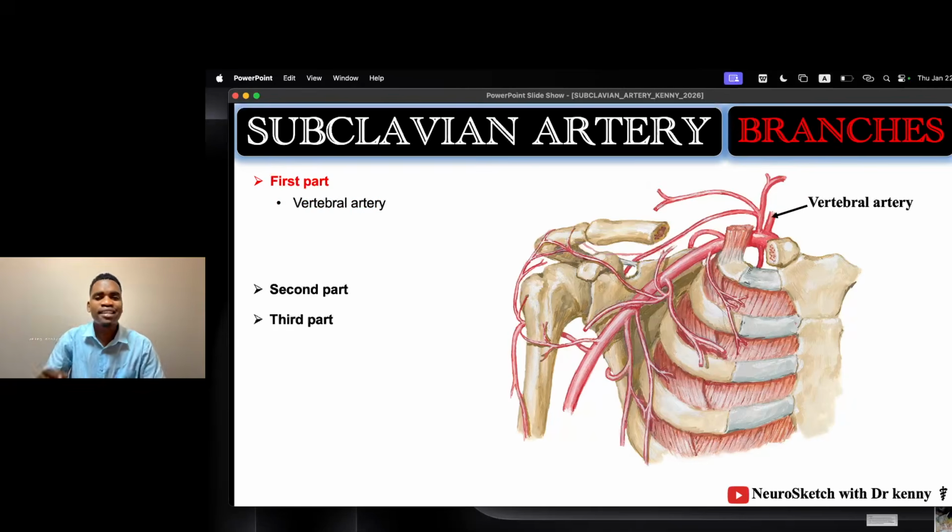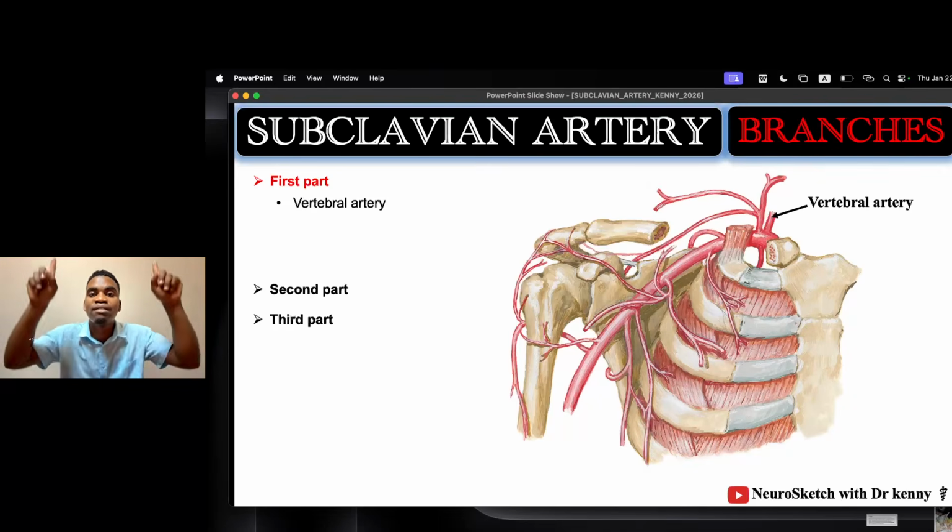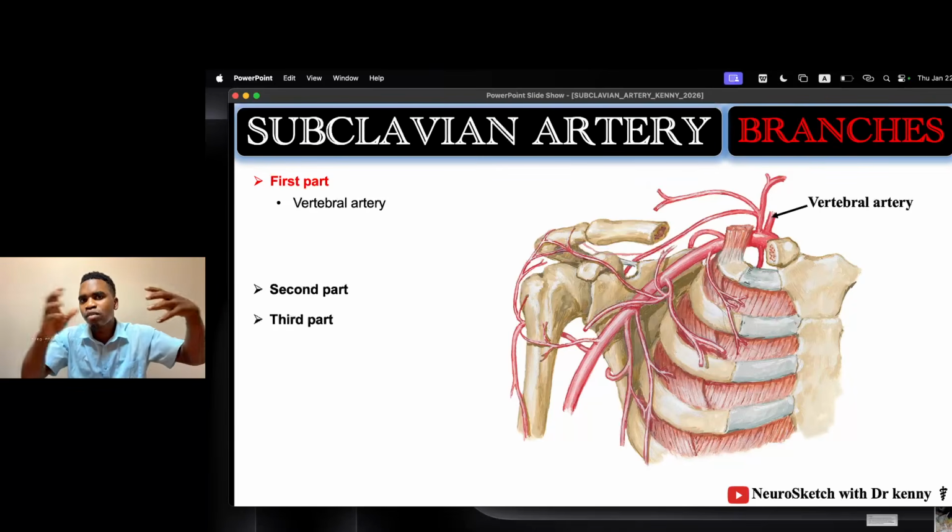Remember, when we were discussing the anatomy of the cervical vertebrae, we saw that the cervical vertebrae have foramina transversarium, right? And we said the foramina transversarium will transmit the vertebral arteries, and the vertebral artery is a branch from the first part of the subclavian artery. Today we'll see this is the subclavian artery, and the very first part of the subclavian artery has the vertebral artery.